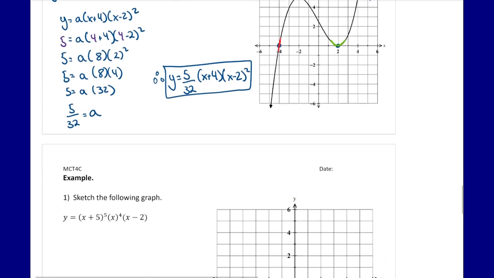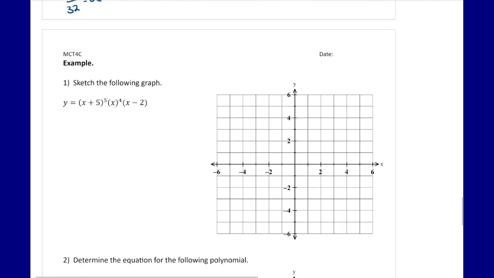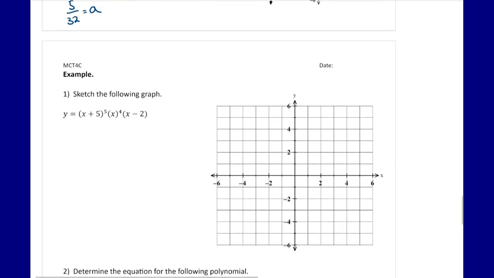So let's look at 2 more examples. (x plus 5) to the power of 5, times x to the power of 4, times (x minus 2) to the power of 1. So first things first, like we said, we need to figure out the degree, because that's going to tell us how it enters and exits overall.